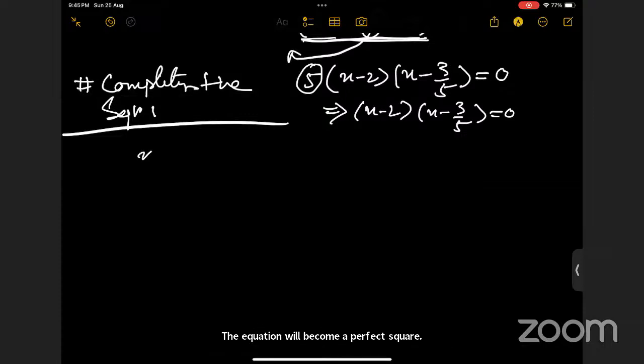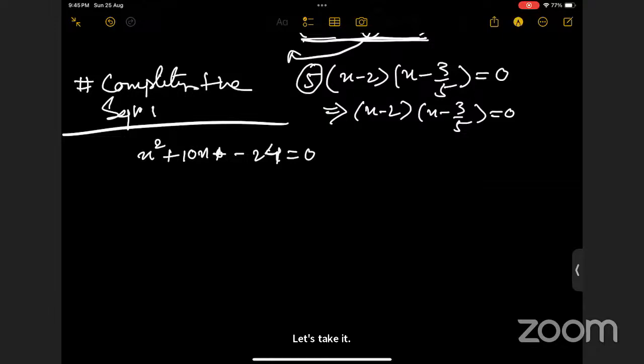So for example, suppose we have plus 10x minus 24 equals 0. Clearly this is not a perfect square, right? But what do we know? We can express 10 as 2 into 5.